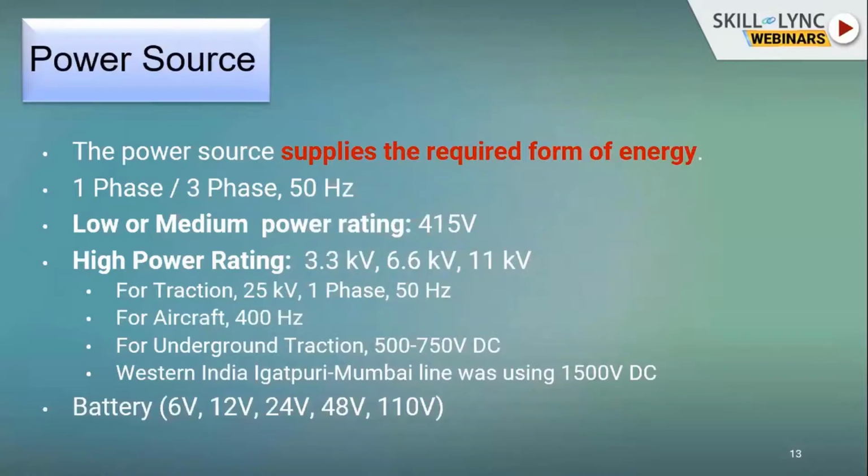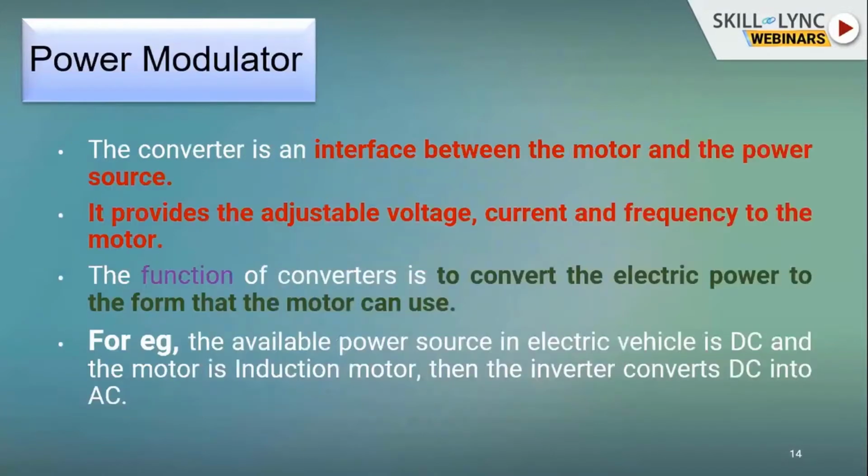So in that case, the power source and which particular motor you are going to use, and what is the availability of the power, based on that you need to select a power modulator, which will modulate the power from one type to another. Okay, so in that case, the converter we require.